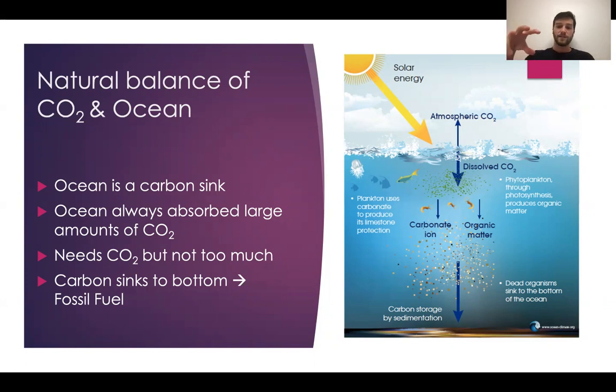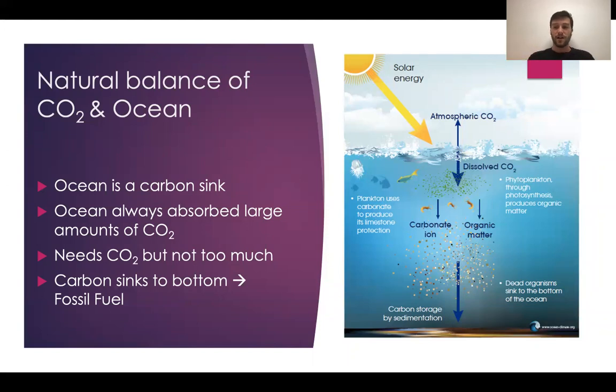But once the plankton die, or they fix the CO2, or the carbon itself just stays in the water, it usually sinks down with the rest of the organic matter, goes to the bottom of the ocean where it stays, and then after thousands of years, it gets compressed and more stuff gets piled on top, and after a long time, it turns into fossil fuels.